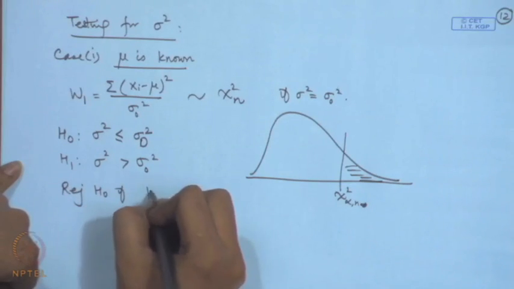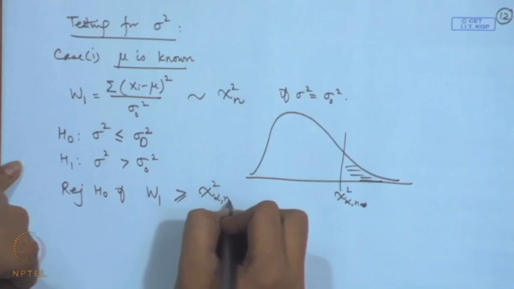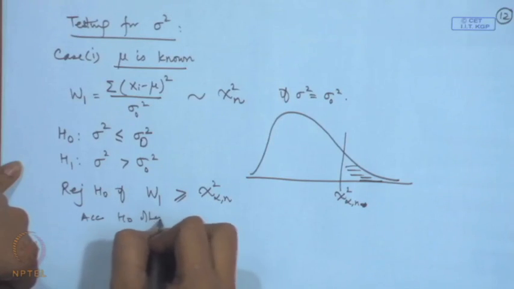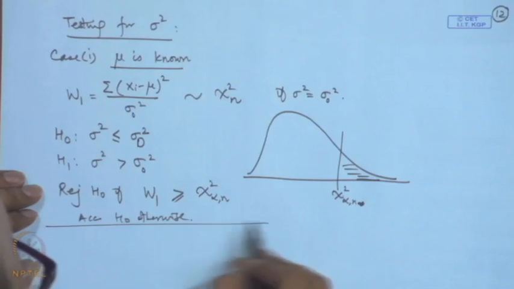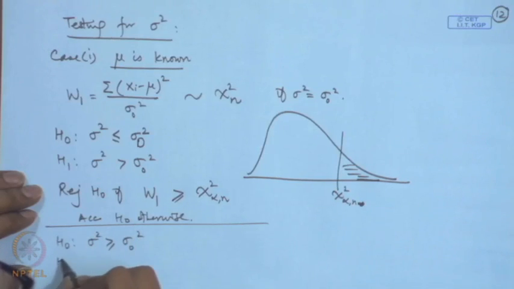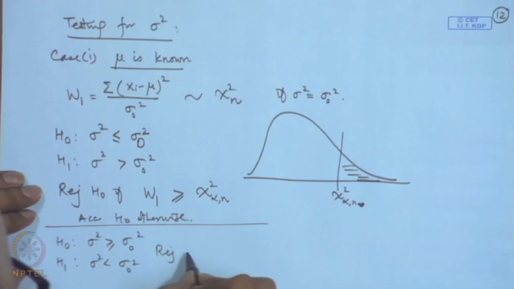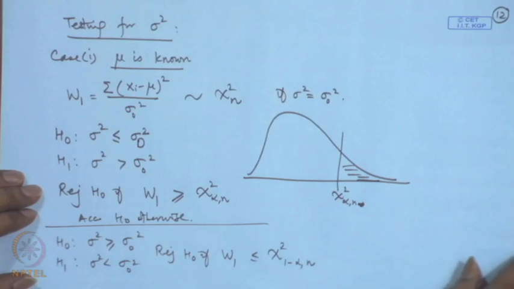Reject H naught if W1 is greater than or equal to chi square alpha on n degrees of freedom, accept H naught otherwise. Similarly, we can consider the complementary region, and here we will say reject H naught if W1 is less than or equal to chi square 1 minus alpha, n.